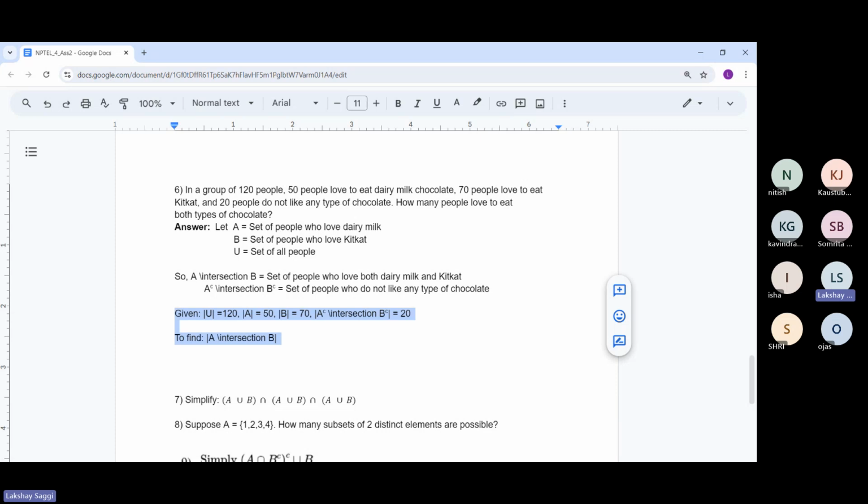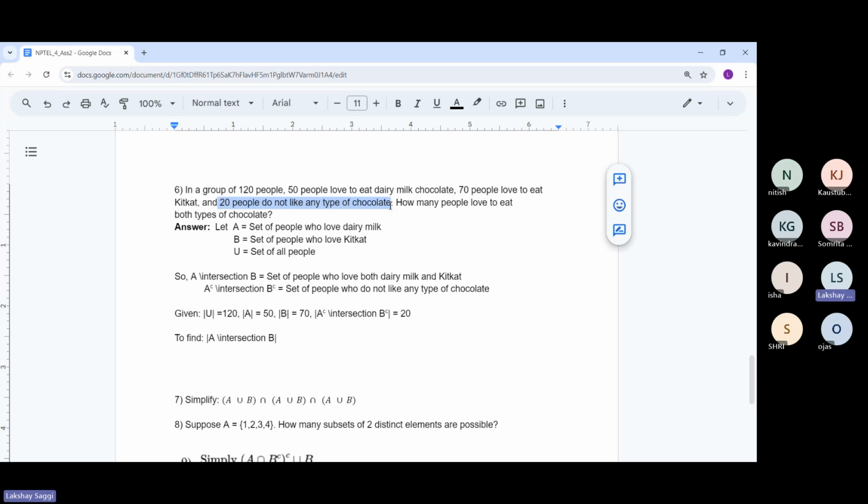So note that there are 100 people. Ojas's reasoning is correct actually, but I'll write it down in more formal set notation. I'll just explain it to you guys. So there are a total of 120 people, and 20 people out of these do not like any type of chocolate.